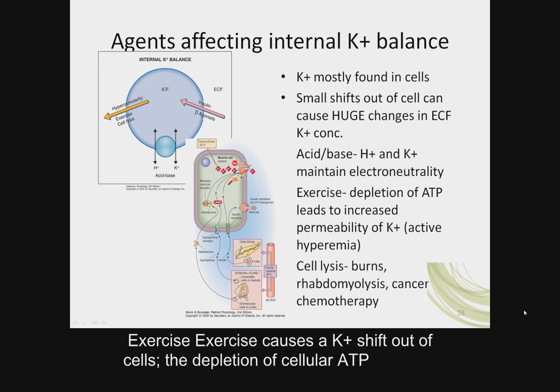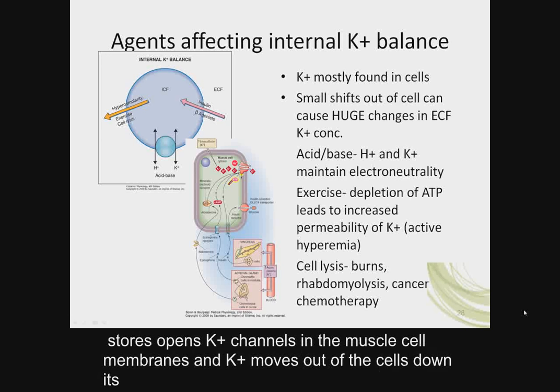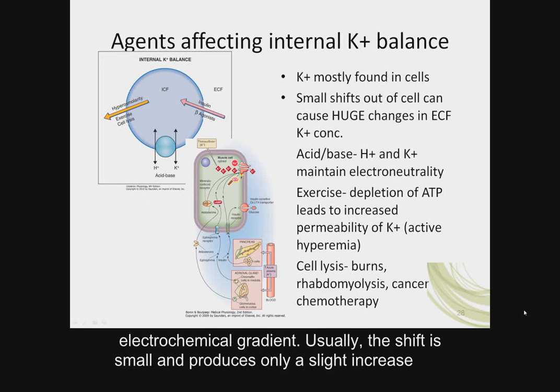Exercise also affects internal potassium balance. Exercise causes a potassium shift out of cells. The depletion of cellular ATP stores opens potassium channels in the muscle cell membranes, and potassium moves out of the cells down its electrochemical gradient.